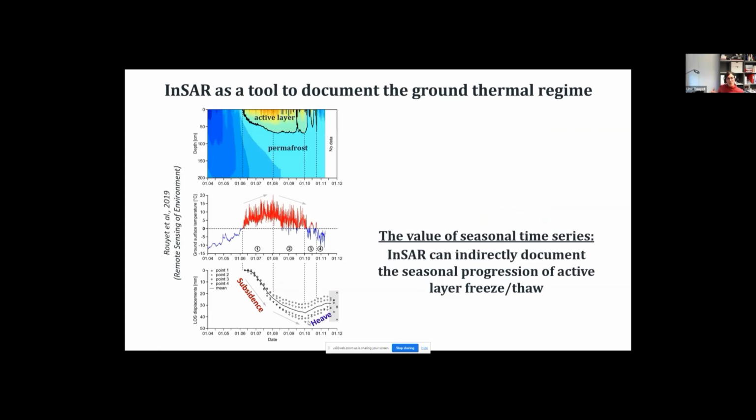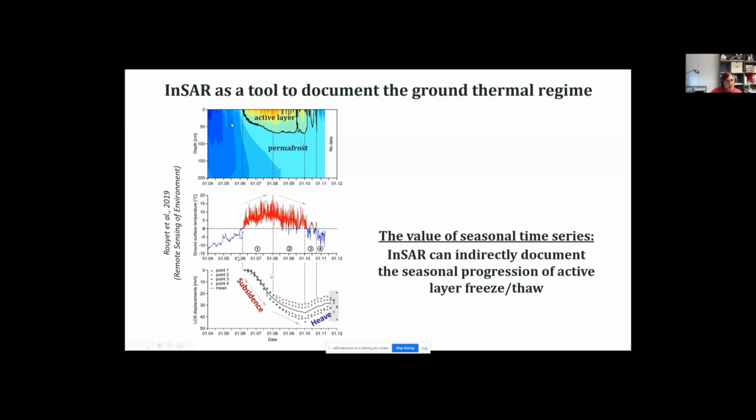And by comparing this kind of displacement pattern with what we can measure in borehole temperature information, we can see that it fits quite well. This graph here in the middle is a surface temperature, while the graph on the top is a temperature at depth in a borehole in Bredal.